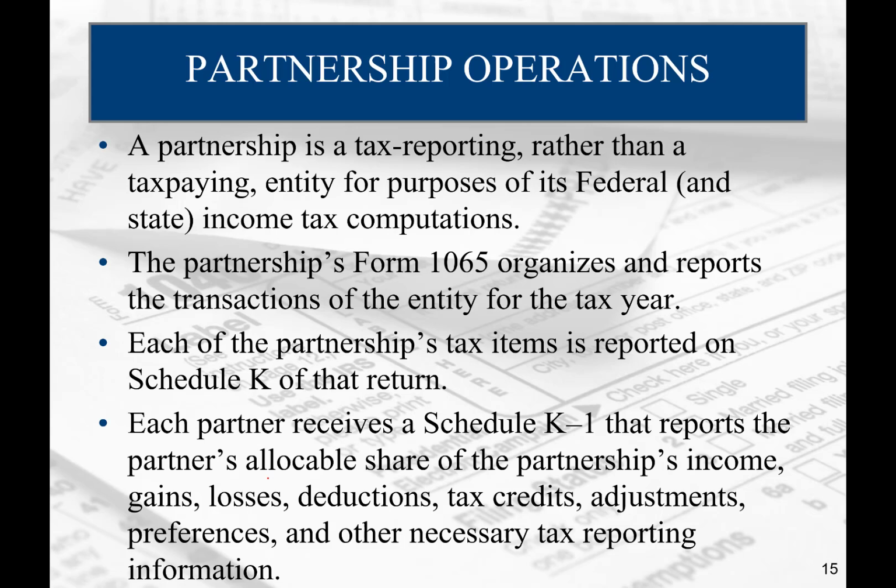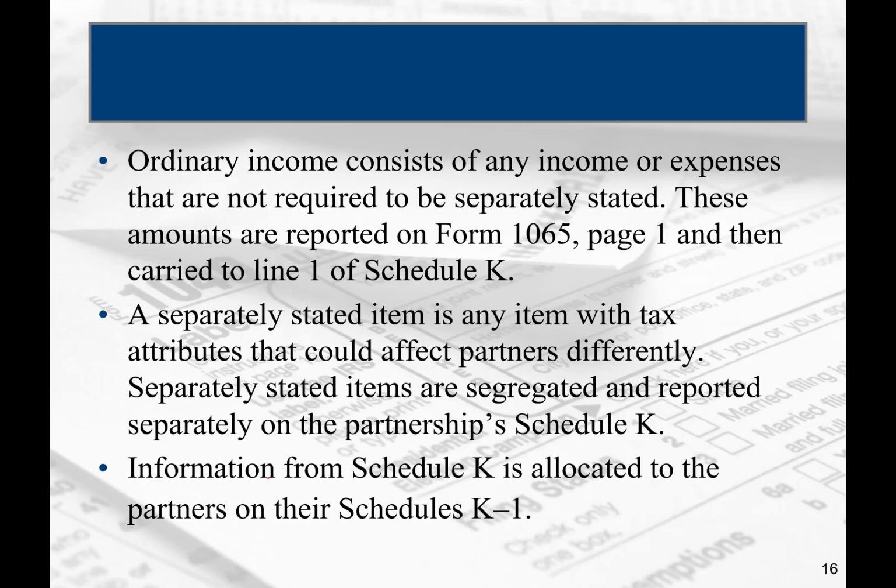Okay, so you take a look. Before we get to that one, ordinary income consists of any income or expense that is not required to be reported separately. That goes on Form 1065. An easy way to remember that is normal operating type items, right?